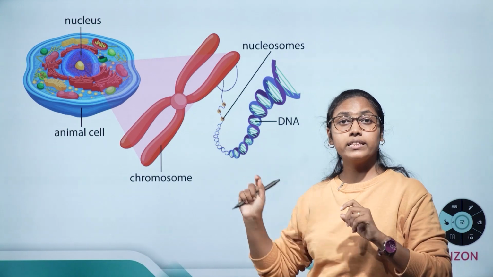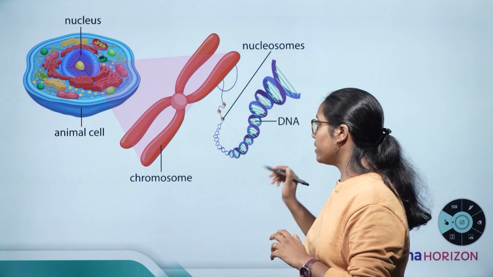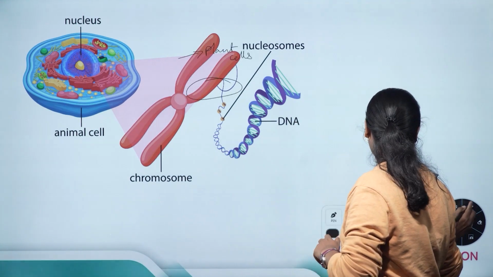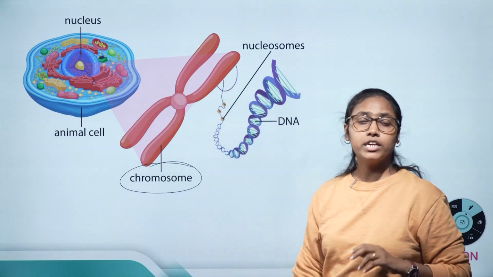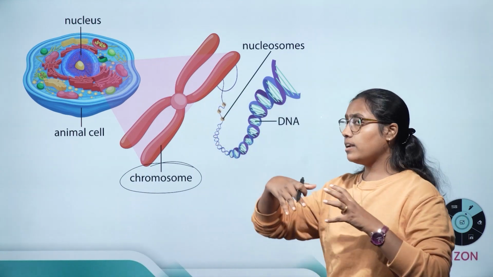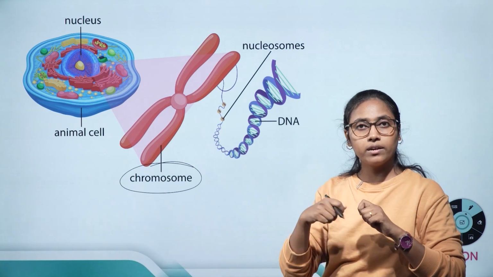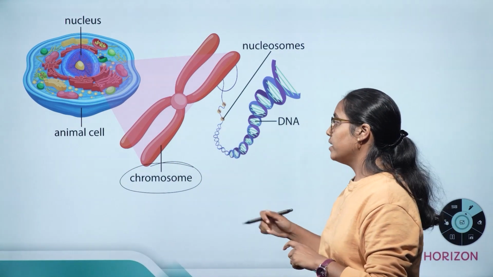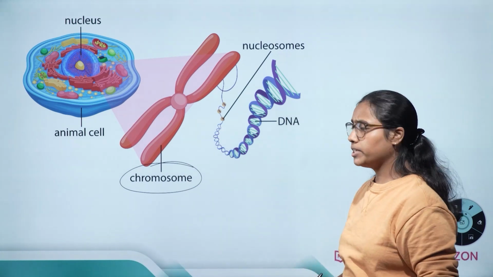So similarly, here in the cell, the DNAs are coiled. So that coiled DNA structure is known as chromosome. DNA are large units, they cannot be kept as such, hence they are kept in a very coiled way. So that coiled structures are known as chromosomes.